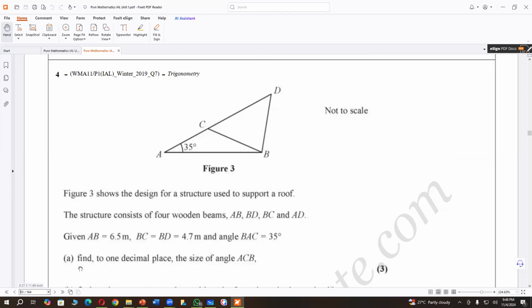This is question number 4. If you can open the question, if you want to solve on the PDF, if you have a tablet right now, you can solve on it together. Otherwise, you have to look at this question and you can solve it.